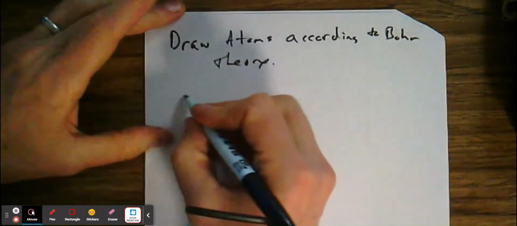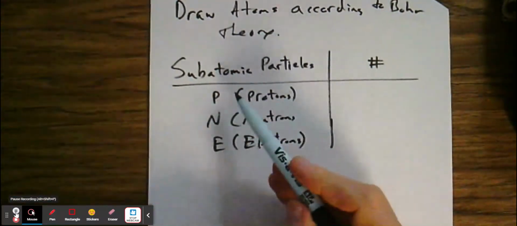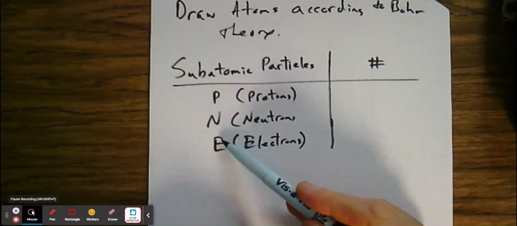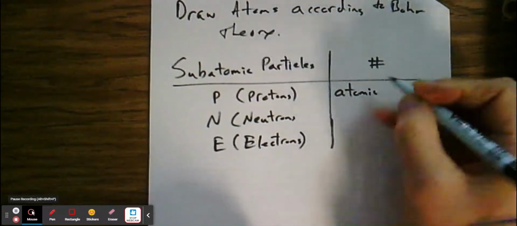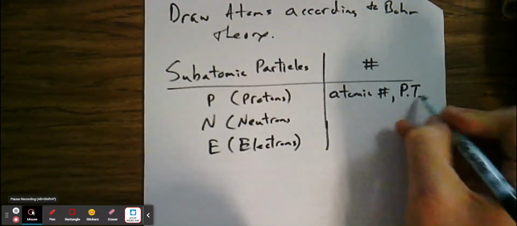Now, in order to do this, you're going to need to know your subatomic particles and how many of them there are. There are three: protons, neutrons, and electrons. The protons is the atomic number. You'd use a periodic table.